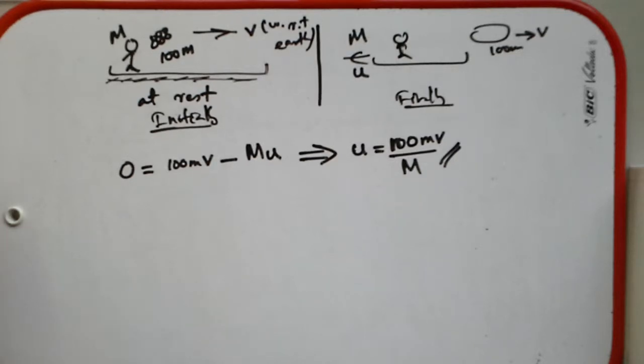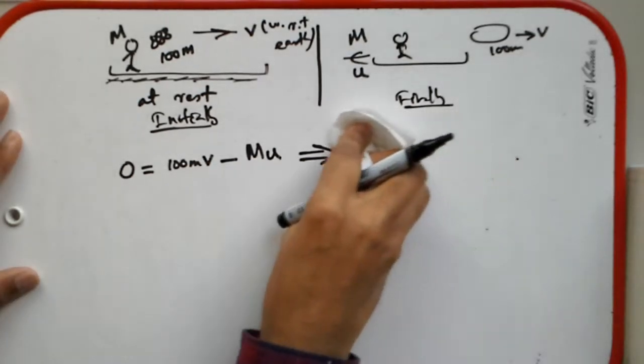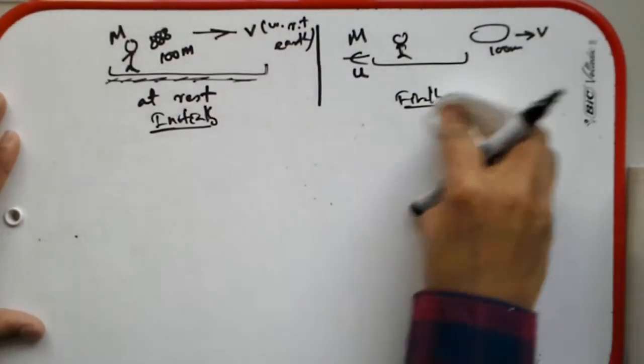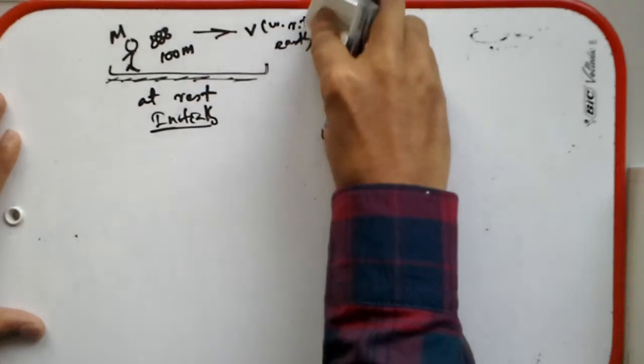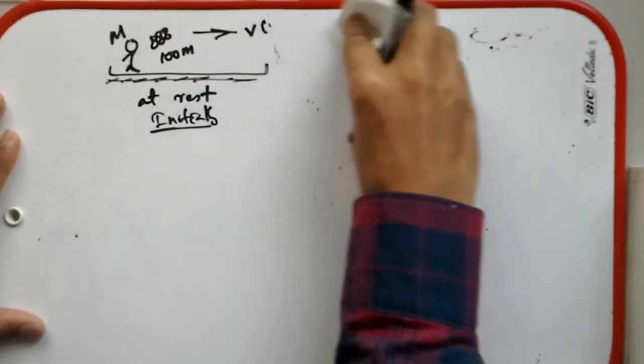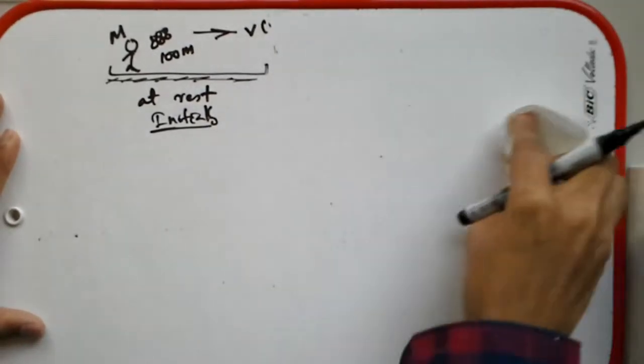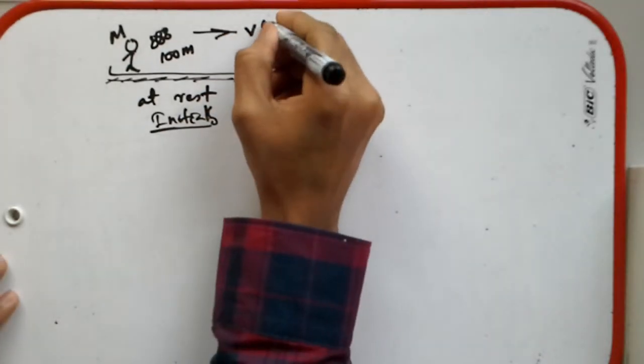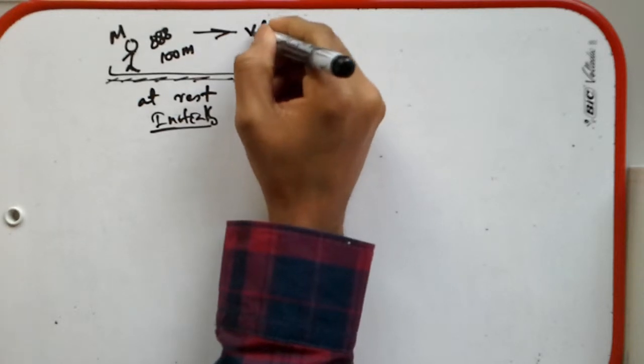Okay, the next part of the problem is quite interesting. Now he's not throwing all the balls at once. Now he's throwing one ball at a time, and he's throwing all the 100 marbles. But now this velocity is not with respect to Earth.